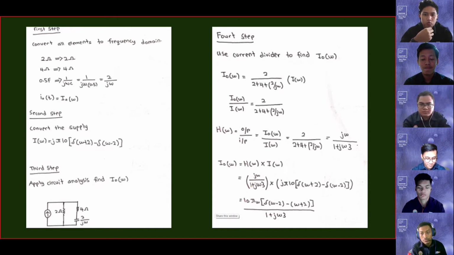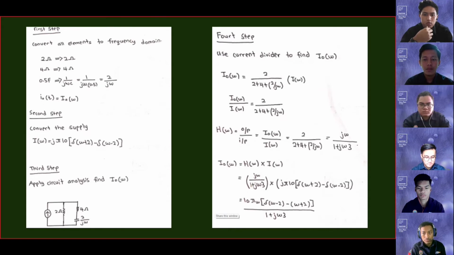So I naught omega equals 2 over 2 plus 4 plus 2 over j omega, multiplied by I omega. Then we move I omega to the left, and we get I naught omega over I omega equals 2 over 2 plus 4 plus 2 over j omega.